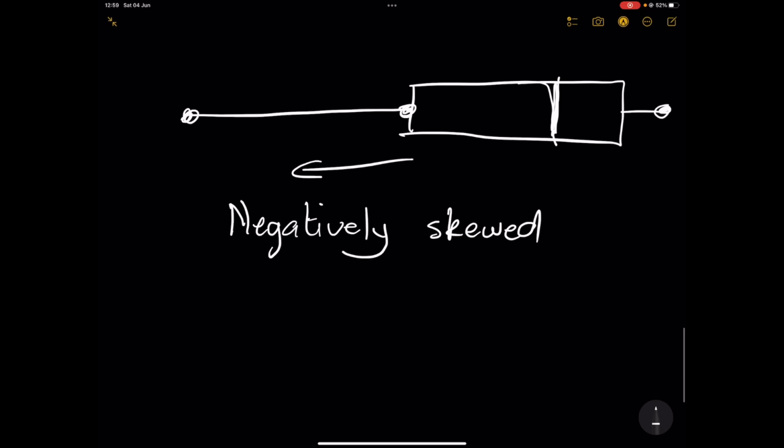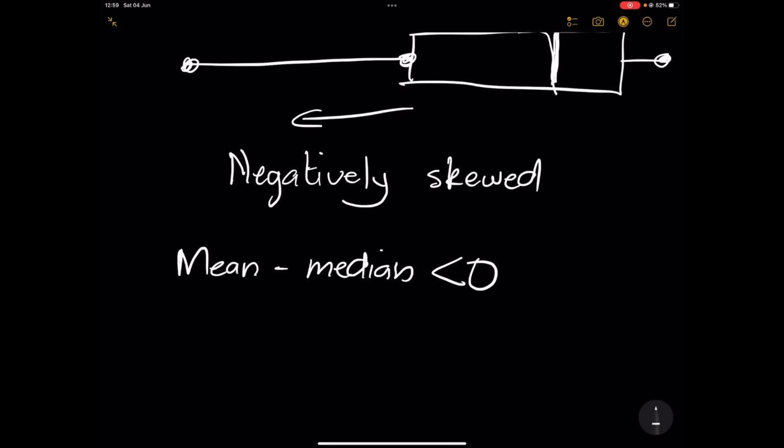And then for negatively skewed data, ladies and gents, if we find that our mean minus our median is less than 0, we say that it is negatively skewed, or you can say it is skewed to the left.